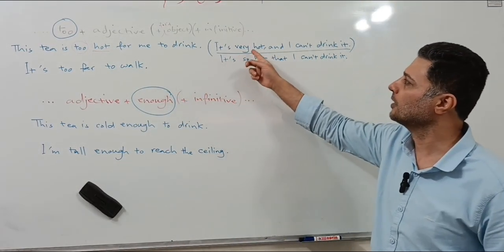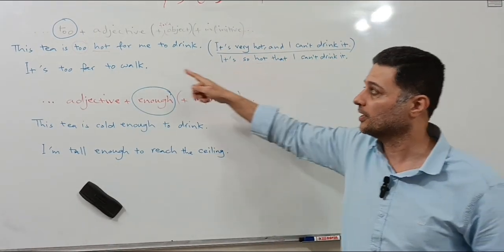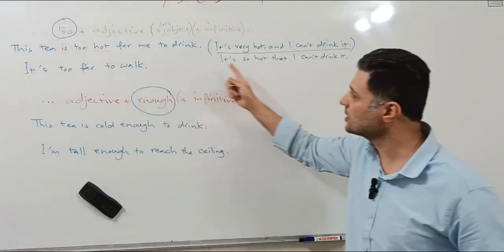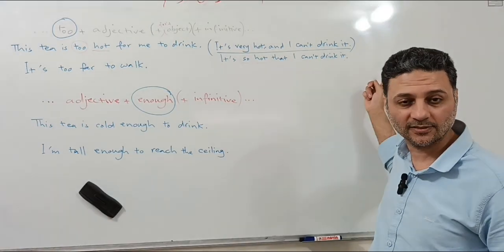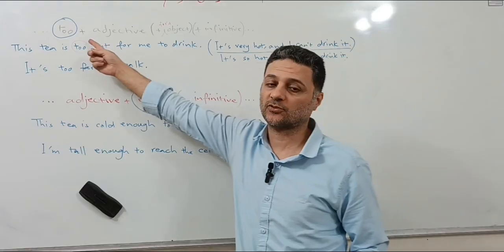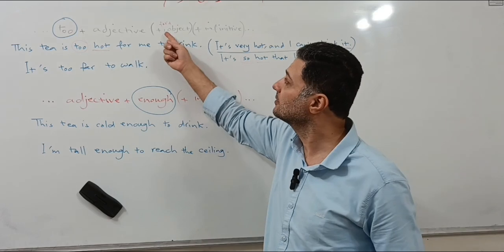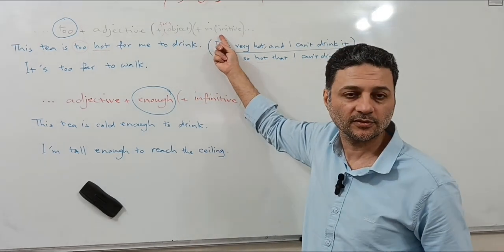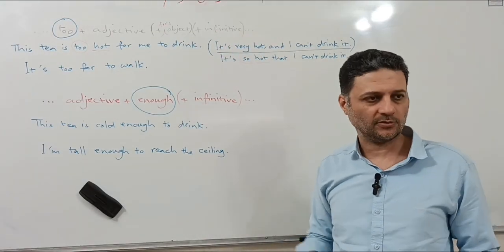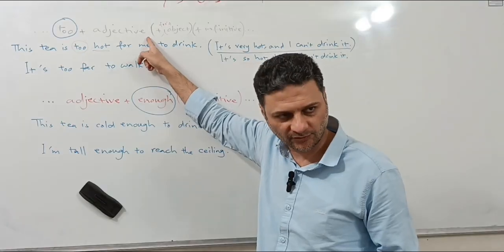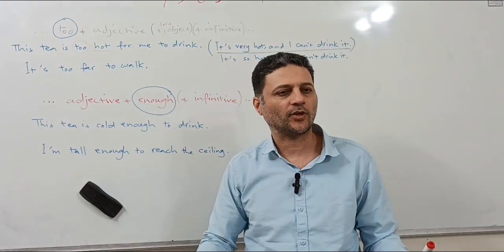You can use either of these two sentences, or you can use the so structure: so plus adjective plus that clause. That's different from the too structure. So it's too plus adjective, for object, infinitive. I put the rest in parentheses, which means it's optional. You can finish the sentence right after the adjective, like it's too hot, and the meaning is complete.